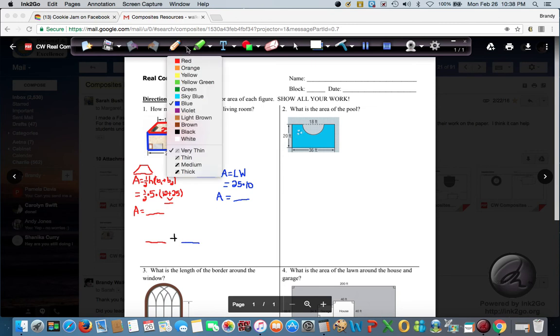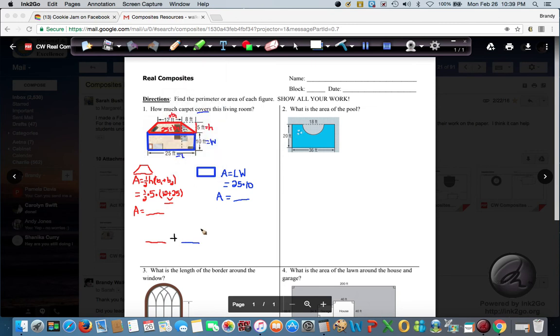And that's going to give us our total. Okay, and this is my total area. And that's all there is to number 1. Find the area of the trapezoid, find the area of the rectangle, add them together. Okay, pause the video, do the math, and then continue.